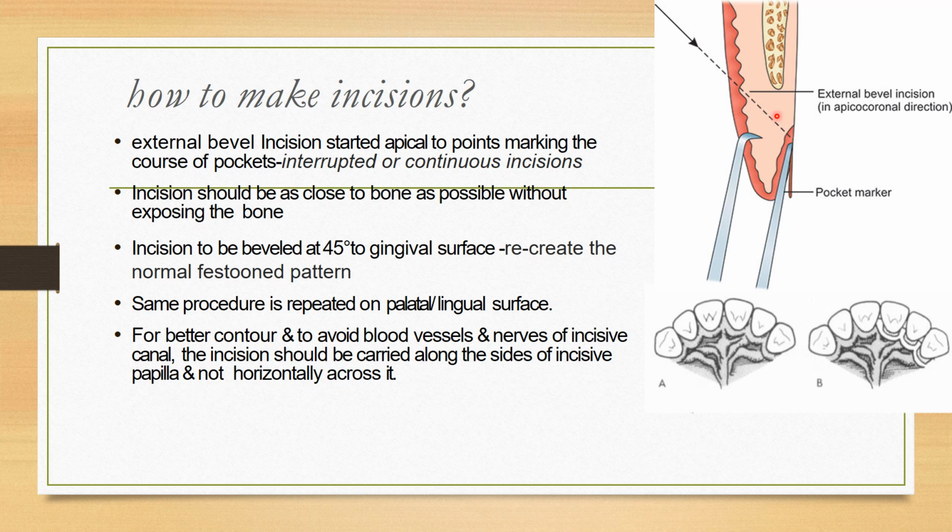So this will recreate the normal festoon pattern, and the same procedure can be done for the palatal side. For better contour and to avoid the blood vessels and nerves of the incisive canal, this will always be carried along the sides of the incisive papilla and not horizontally across it.